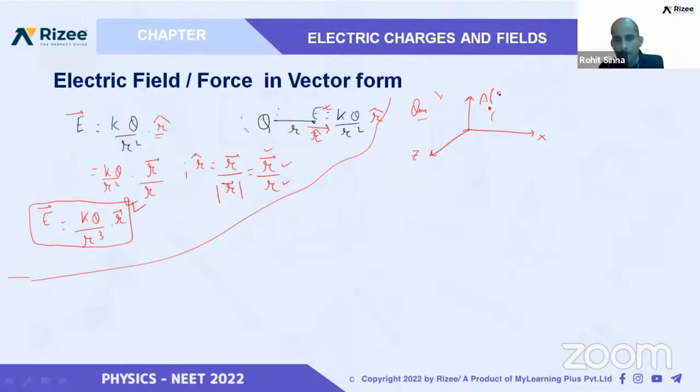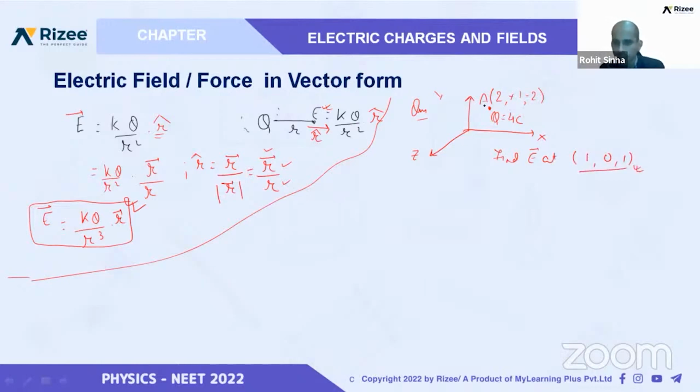Coordinates of point A are 2, minus 1... that is, 2, 1, and minus 2, and the charge is Q equal to 4 coulomb. We have to find the electric field at a point, suppose 1, 0, and 1.